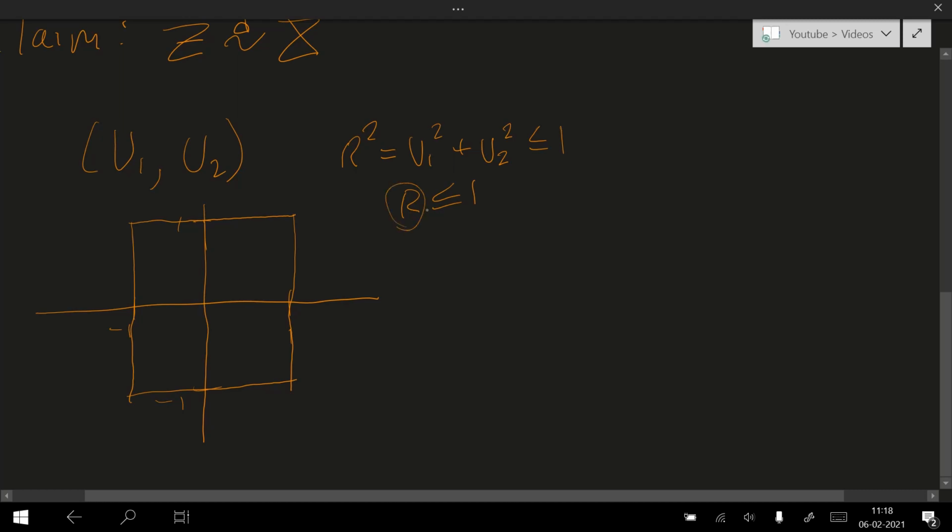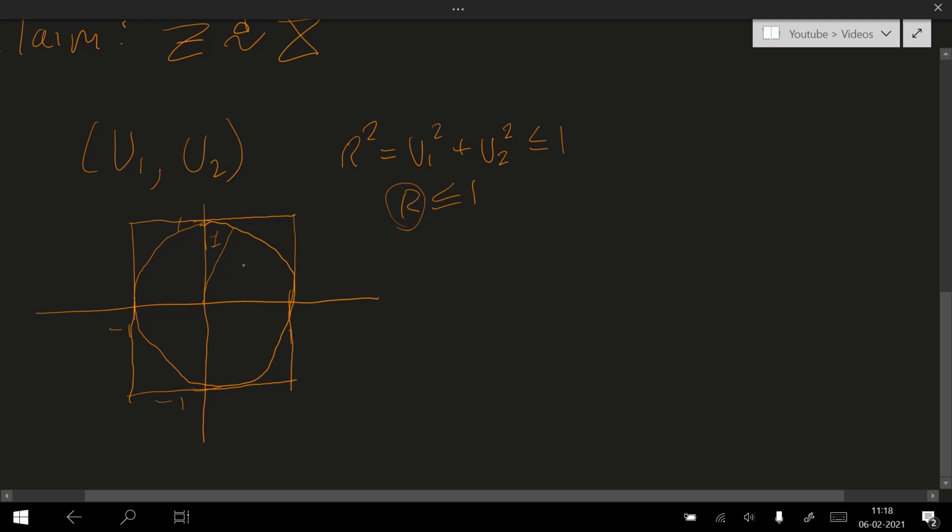This is the distance from the origin to this pair. So we throw away all points which fall outside of the unit disk. This disk has radius 1, and we throw away the pairs where the radius is greater than 1.